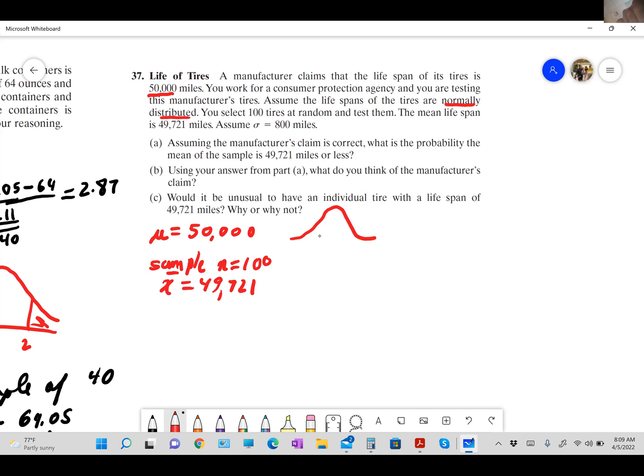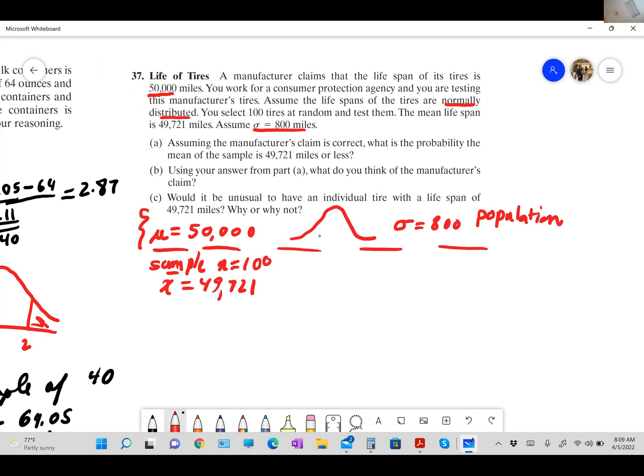Now we have to assume that sigma is 800 miles, so we can write up here that sigma is 800. This has to do with the population. Remember, all this here is population.